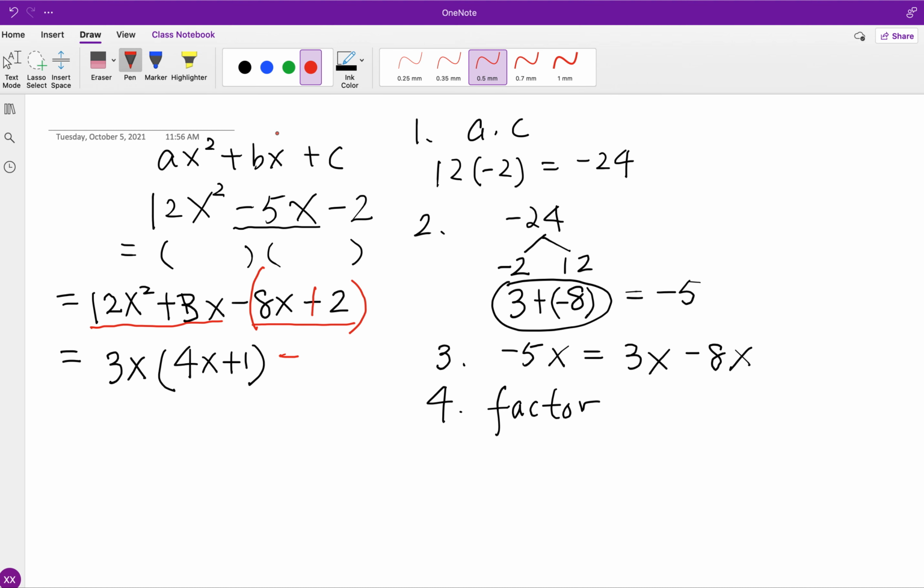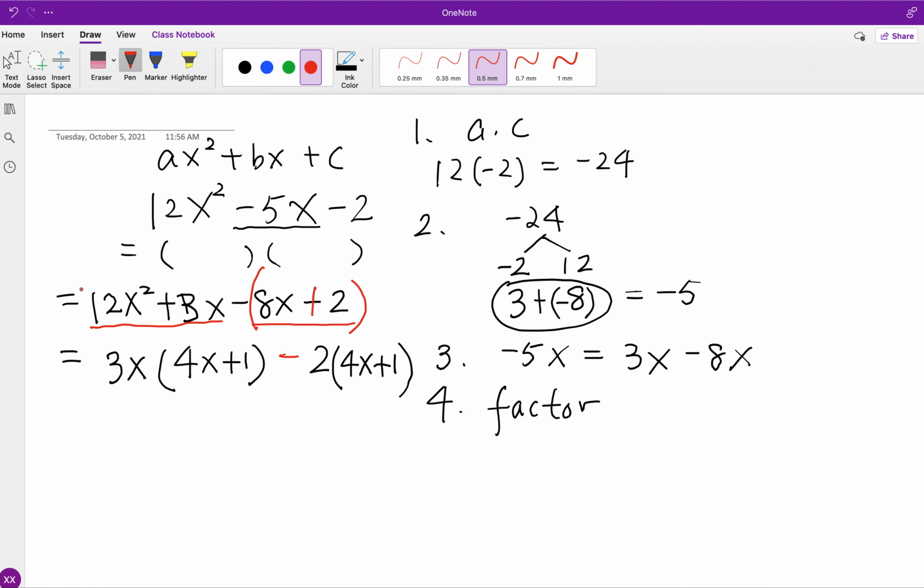So I'm going to pull the 2 out. Now 8x with 2 pulled out leaves 4x. And 2 being pulled out leaves only a 1.